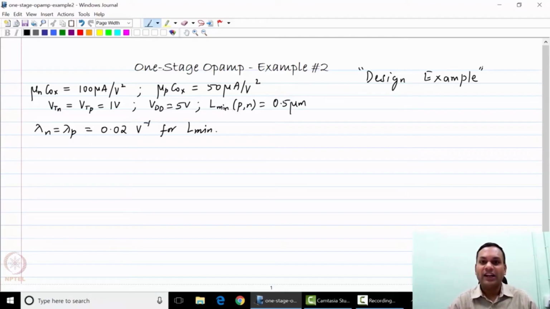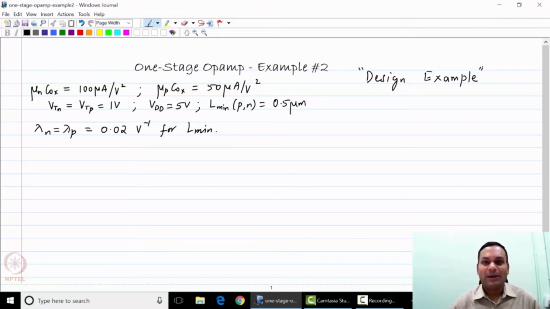You were asked to calculate what the parameters of the op-amp were. In this case, we are going to pose the inverse problem, which is actually a tougher problem. So we are going to list out the specifications of the op-amp, and we are going to be asked to derive the sizes of the devices as well as the bias currents.